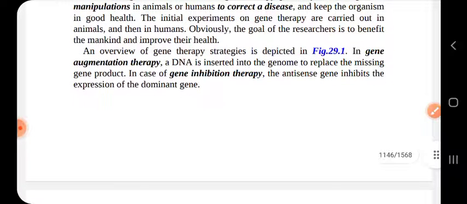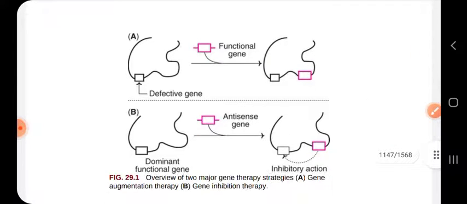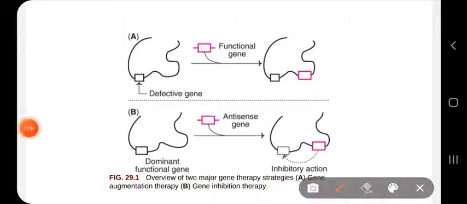So this was an overview. Now I am going to discuss gene therapy. Here in the picture you can see what I have said about augmentation gene therapy and gene inhibition therapy. A defective gene is there, and by introducing a functional gene, we are replacing the function of that defective gene.